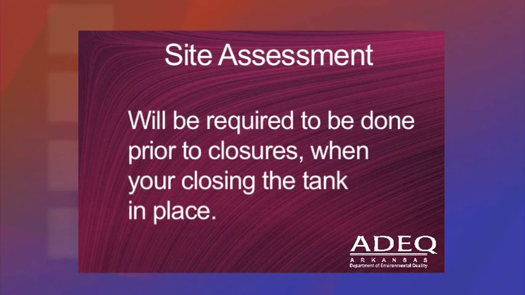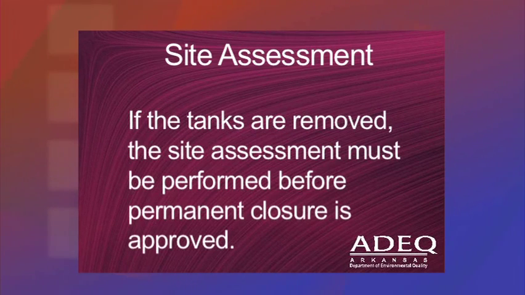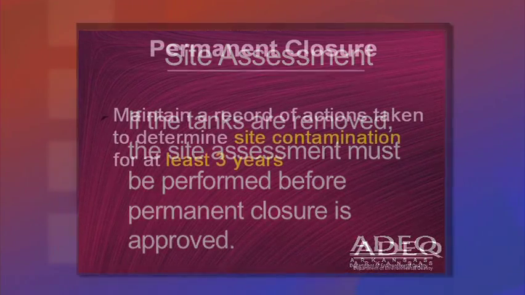So you're required to do a site assessment if you want to permanently close. A site assessment will be required prior to closure when you're closing the tank in place. If the tanks are removed, the site assessment must be performed before permanent closure is approved.